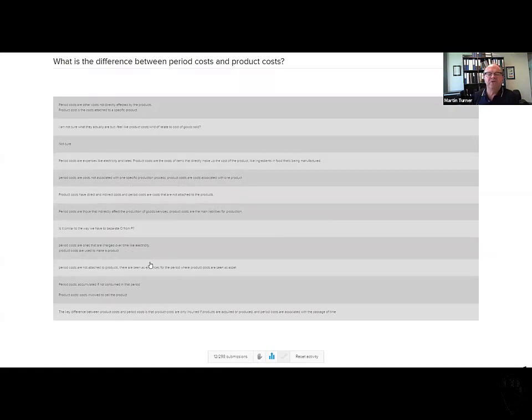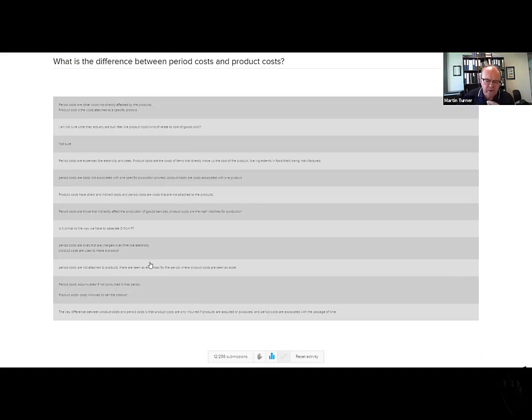Product costs are the costs of items that directly make up the cost of the product. That's exactly right. Like ingredients in food that's being manufactured. Product costs are direct costs to making a product, and they're costs that are easily allocated to a product, and that might be raw materials, for example, ingredients going into chocolate, if you're making a specific type of chocolate.